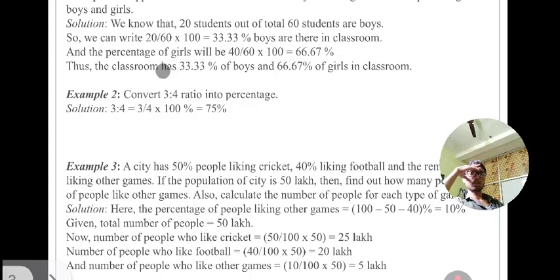So we can write 20 upon 60 multiplied by 100. We will get 33.33% boys in the classroom. Just write how many students are in the classroom: 60.